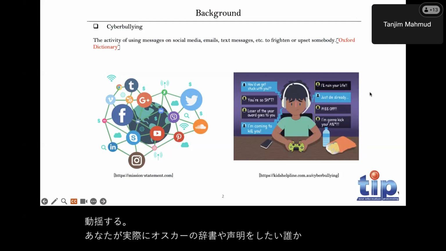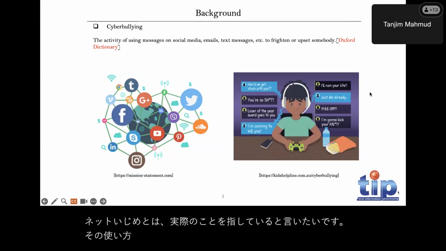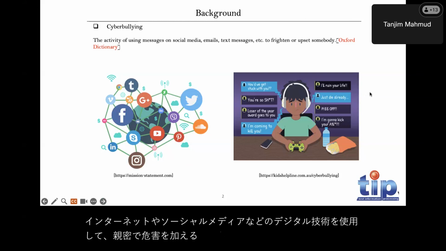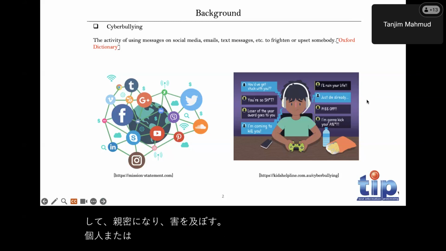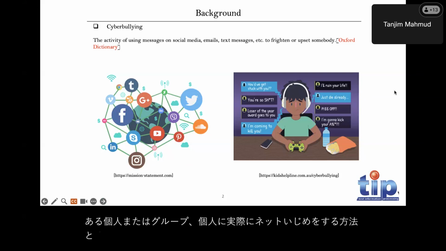And I would like to say cyberbullying refers to the use of digital technology such as the internet and social media to harass, intimidate and harm an individual or group. That is a snapshot of how people cyberbully an individual or group. This is the screenshot here.